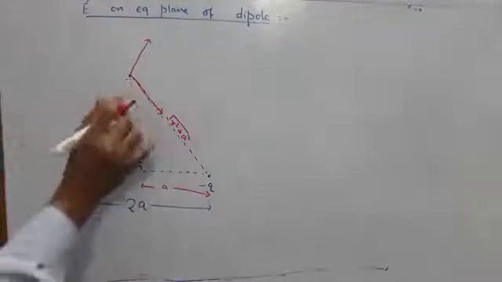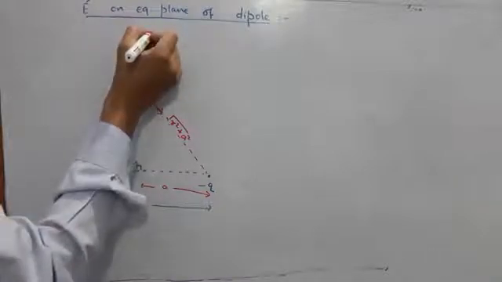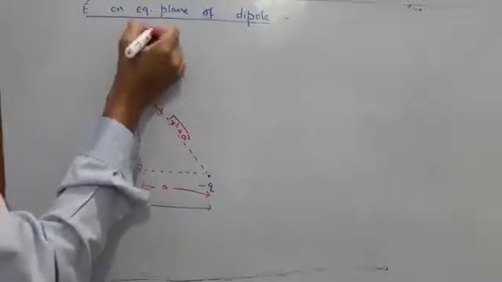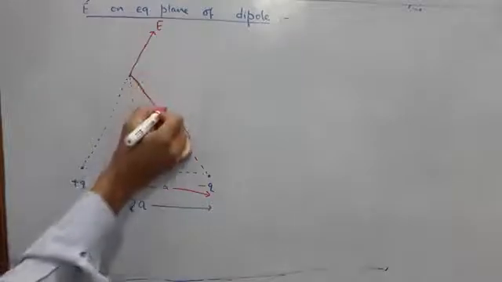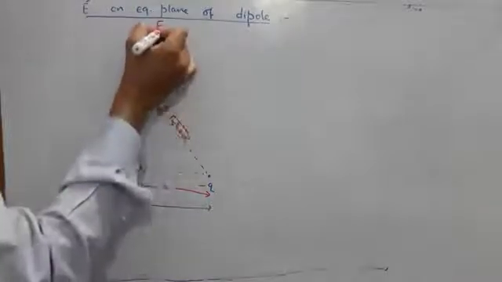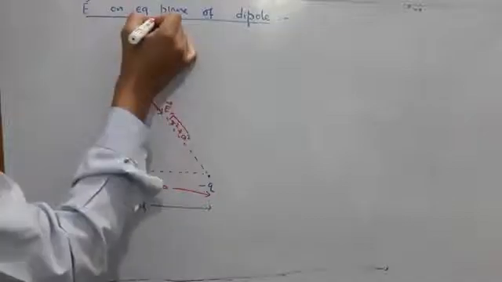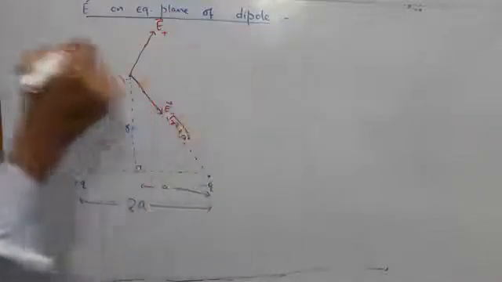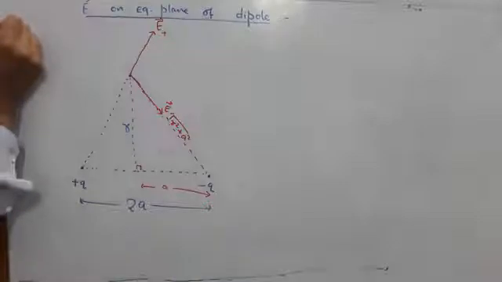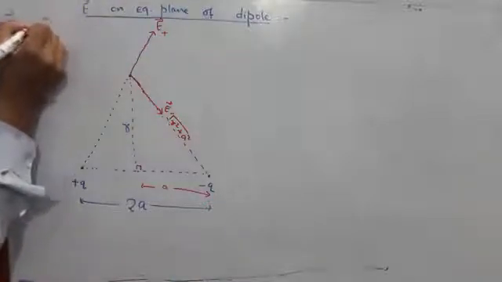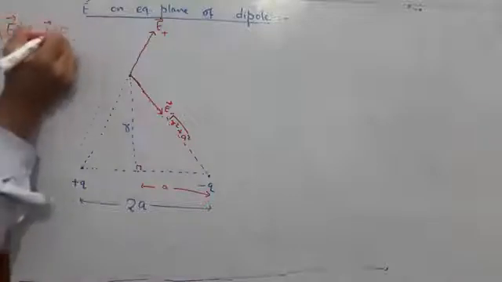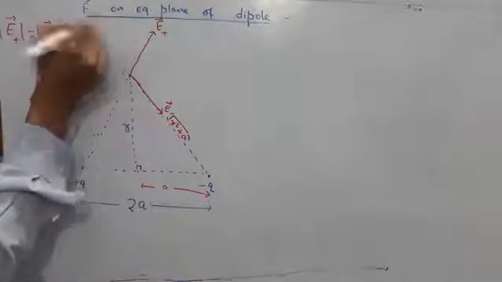Similar method we will do as in the axial case. We will use the principle of superposition. So this is E plus vector and this is E minus vector. And as we have discussed, both these vectors have the same magnitude, E plus vector and E minus vector, which I will call as E.